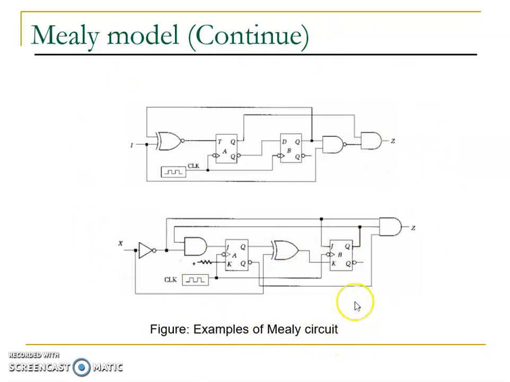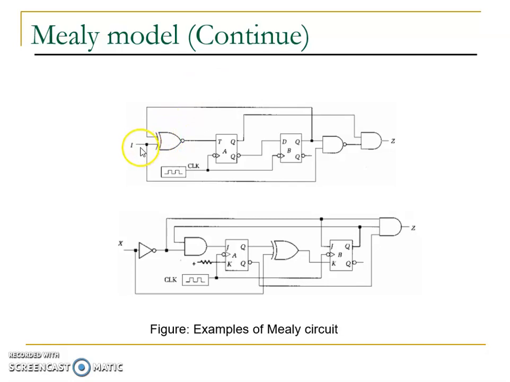You can see that from this circuit we can examine that this Mealy circuit has a little bit of difference between the Mealy model and the Moore model. As you know, the Mealy model depends on input and present state.